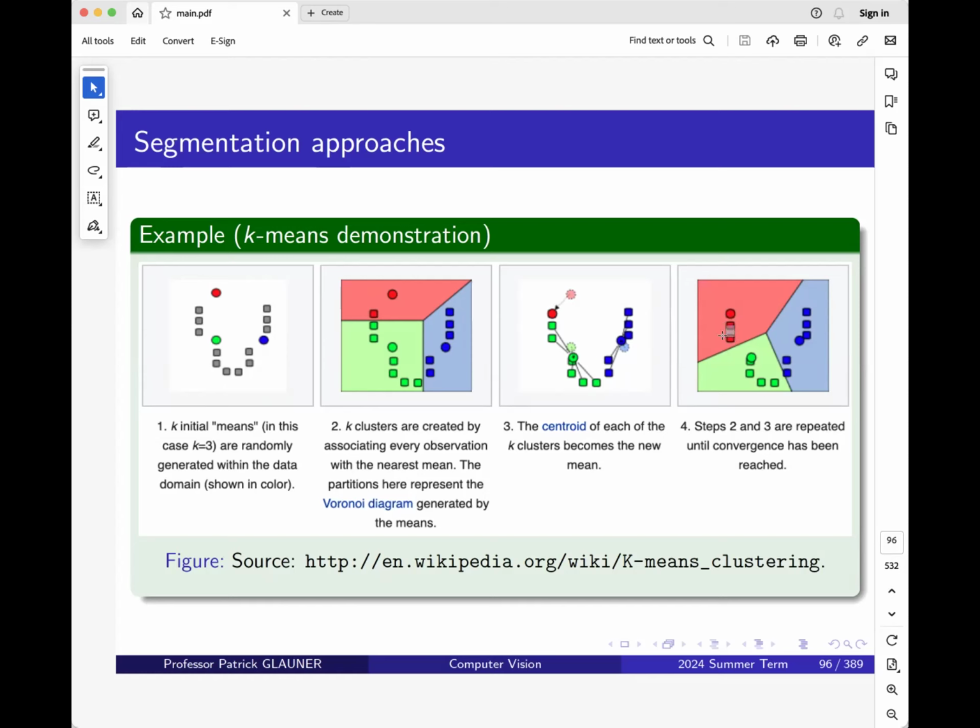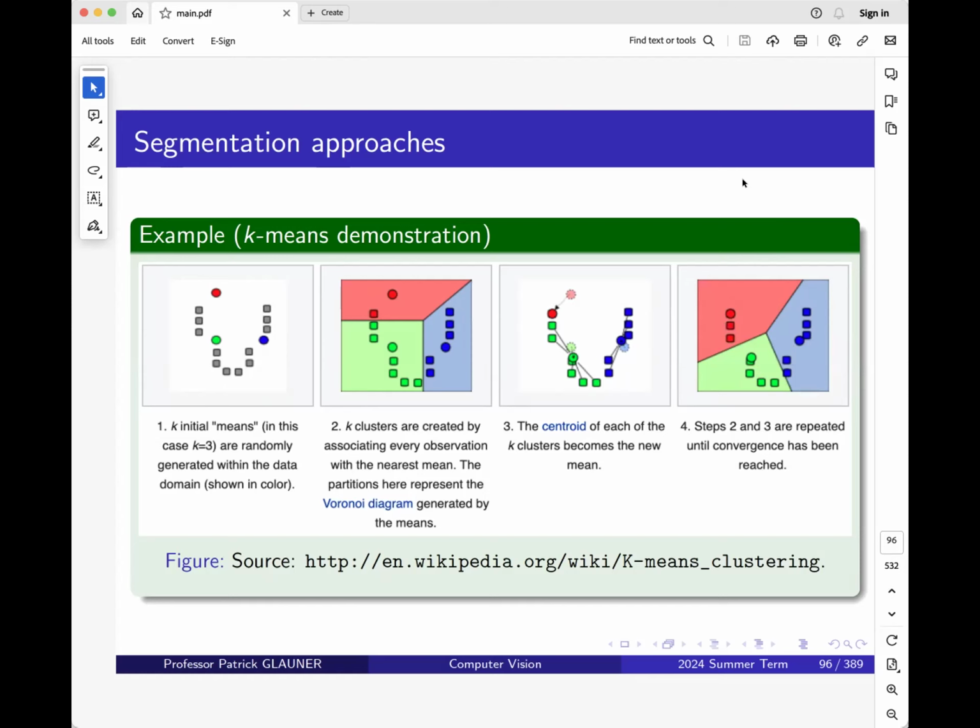So the red cluster would have its mean there. The green ones were here, and the blue one probably stays more or less. So this is what we're doing, and you keep doing this until convergence, meaning that all of these points are fixed to a cluster and their assignment does not change anymore.